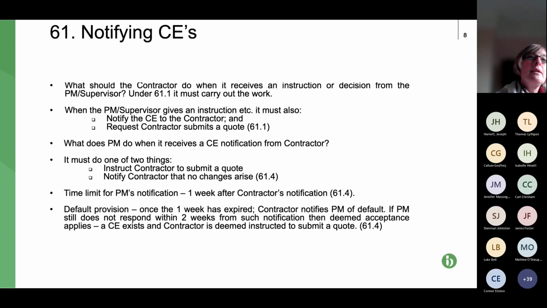Again, the contractor needs to be speaking to the PM, writing, explaining why it's not sufficient, and seeing if a negotiated increase can be achieved, and/or a negotiated agreement for that particular CE. And obviously, if agreement can't be reached on those processes, then as a contractor or subcontractor, the issue might be going to adjudication.